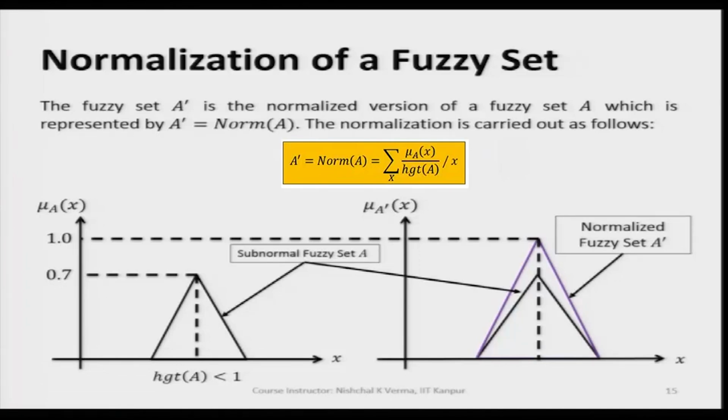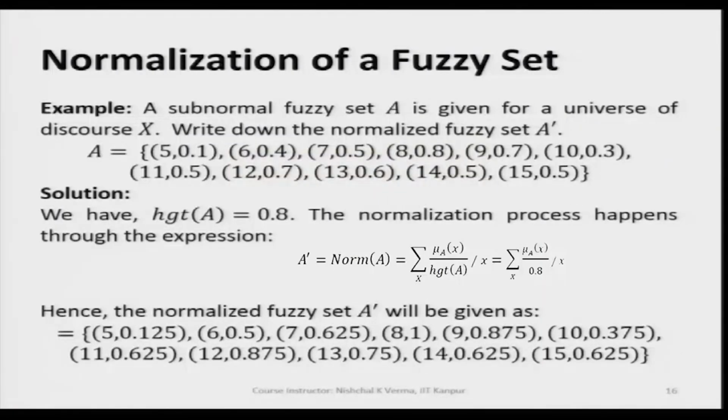So, if we have a fuzzy set A which is subnormal, and we would like to normalize this fuzzy set, it means we would like to increase the height of this fuzzy set up to 1. Here we can better understand this normalization by taking an example.